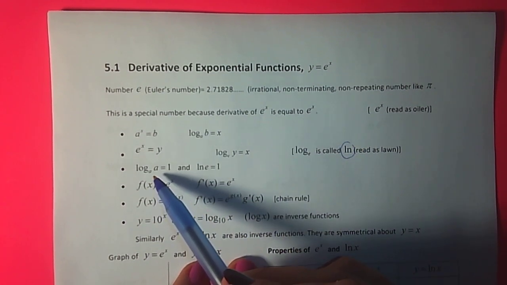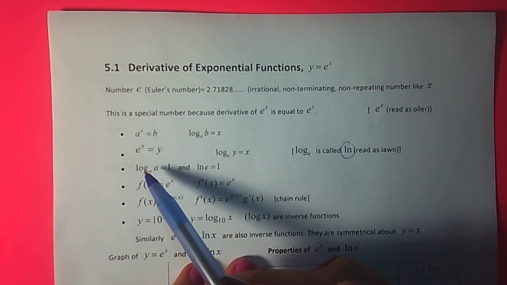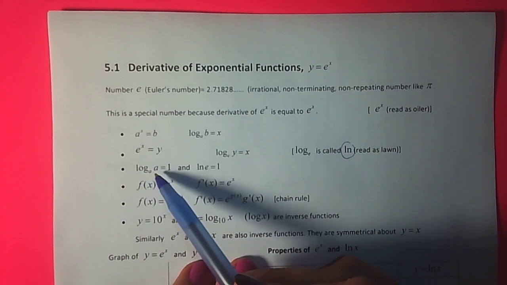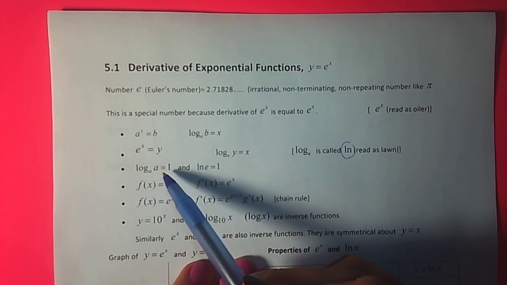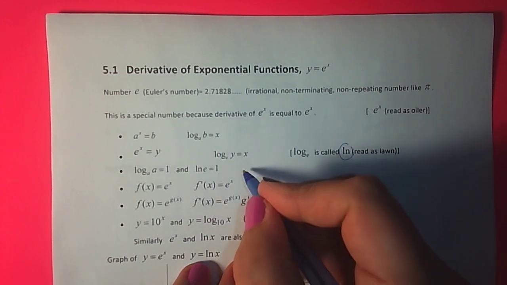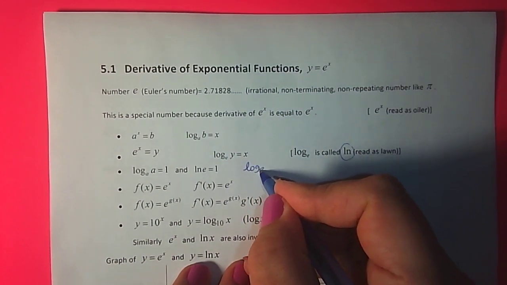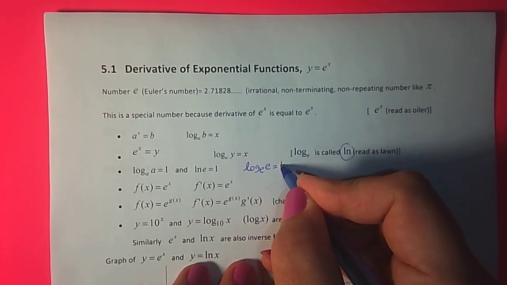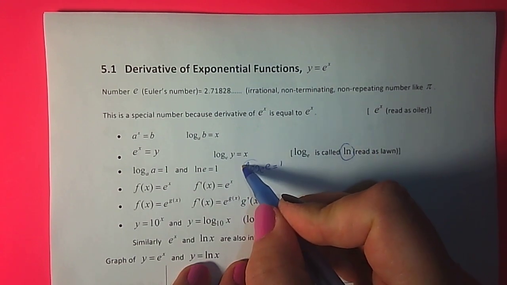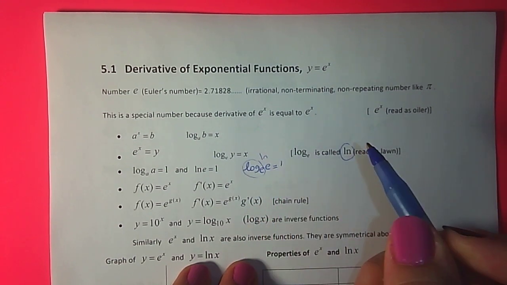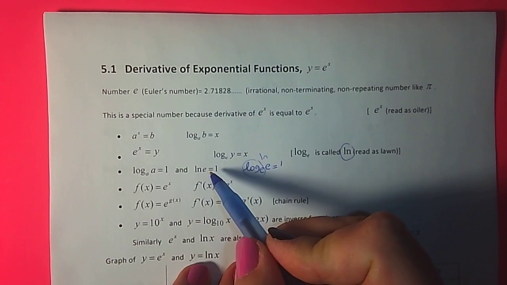Again, let's remember from advanced functions, log base a of a is equal to 1. Similarly, log base e of e equals 1. But again, log base e is called ln, so ln e equals 1.